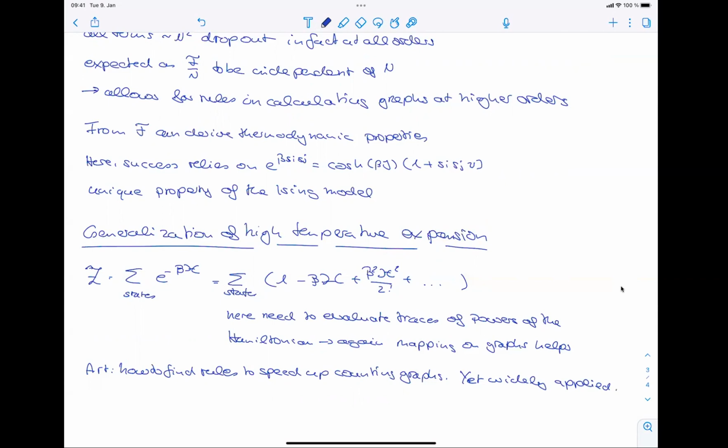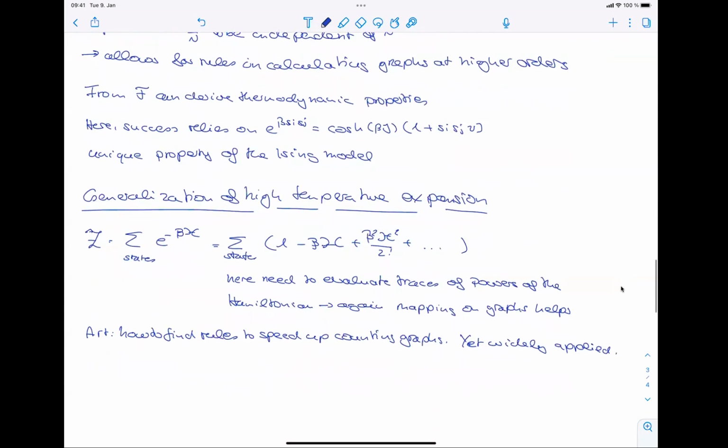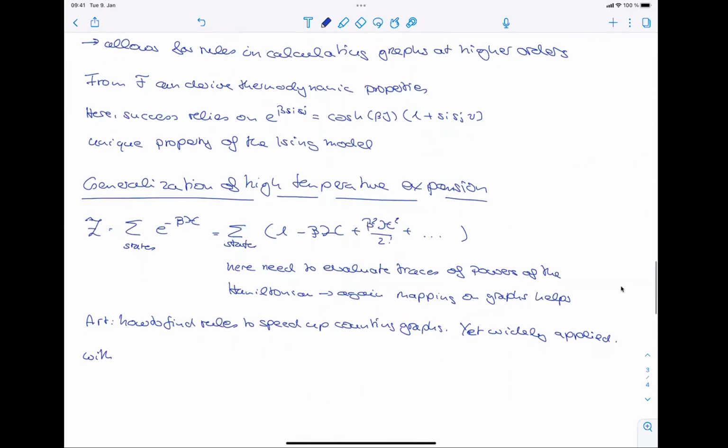And so if I then also want to calculate the free energy, we already get a hint at the next chapter opening up eventually.